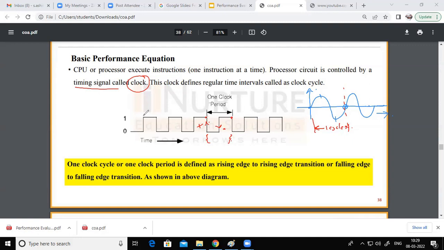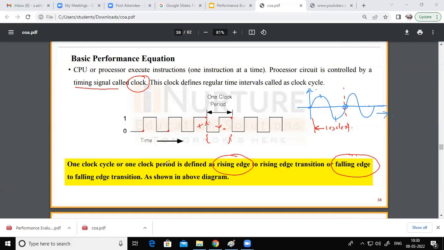You can also say that it started from here and again from here the graph started repeating. You can take either a rising edge or a falling edge; it doesn't matter from where you calculate the period. You only have to think that the graph should repeat itself after that. That corresponds to one cycle.